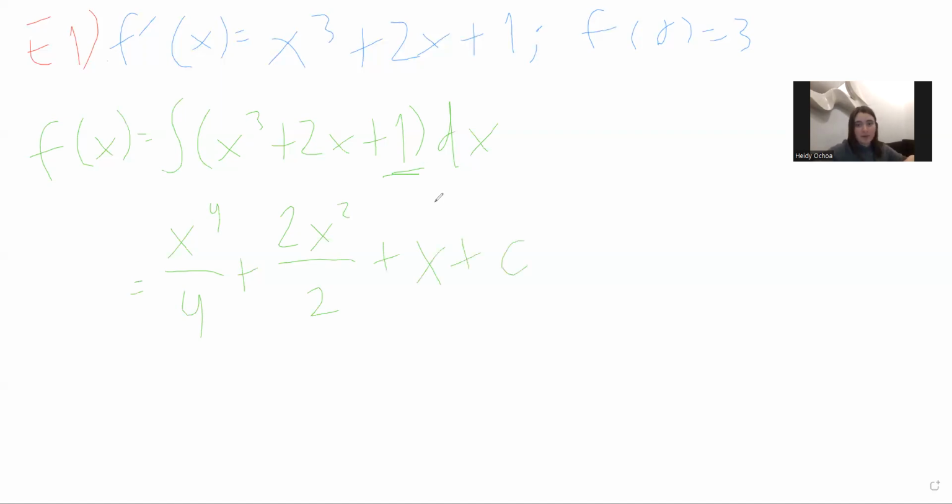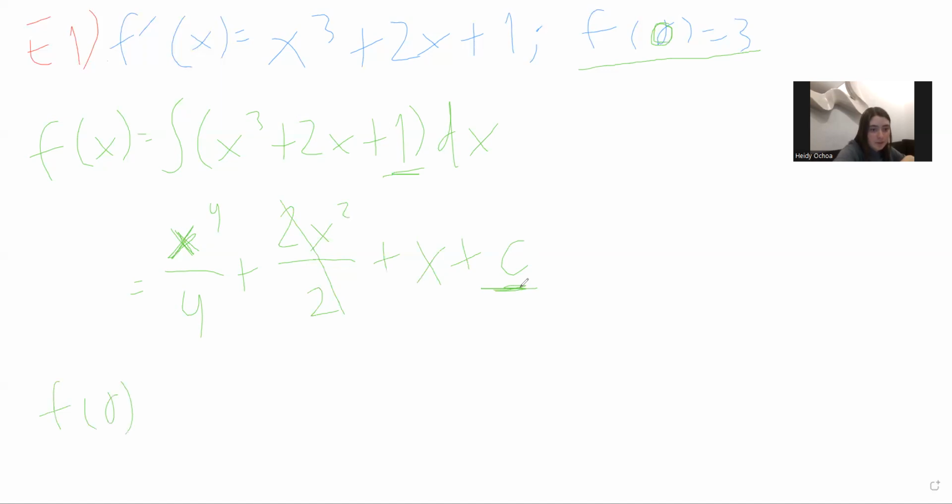It's very important to write this plus c. And right here, we can cancel these 2's. So in our problem, we know that f of 0 equals 3, so we substitute this 0 for the x's of our function to find the c value.